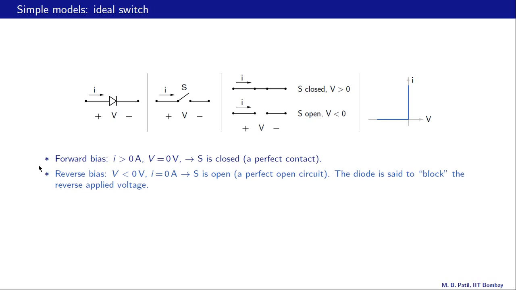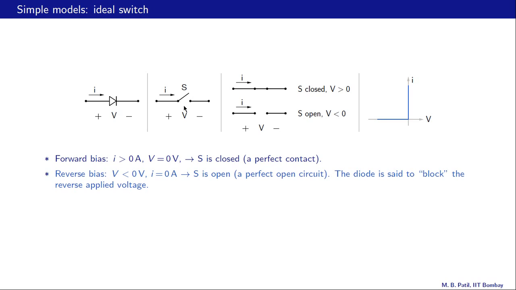In summary, under forward bias, the diode current is positive as shown over here, and the diode voltage is infinitesimally small because R on is very small or 0, and we say that the diode voltage in that case is nearly 0 volts.